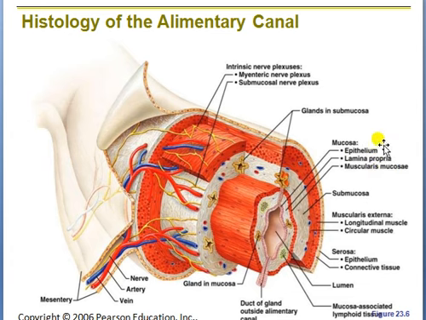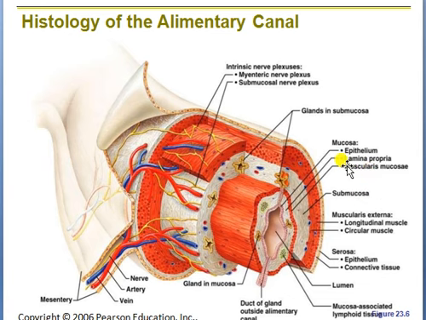In the epithelium, goblet cells are present, and the goblet cells secrete mucus. The lamina propria consists of very few blood vessels, immune cells and nerves, and the muscularis mucosa consists of muscle.